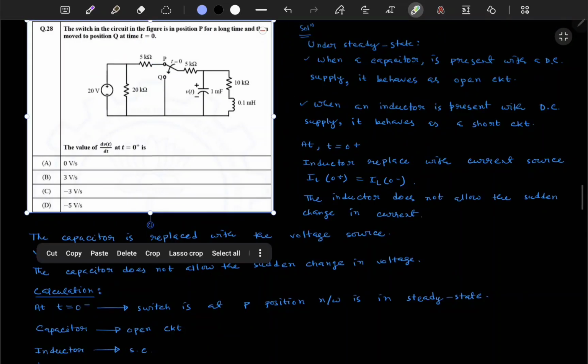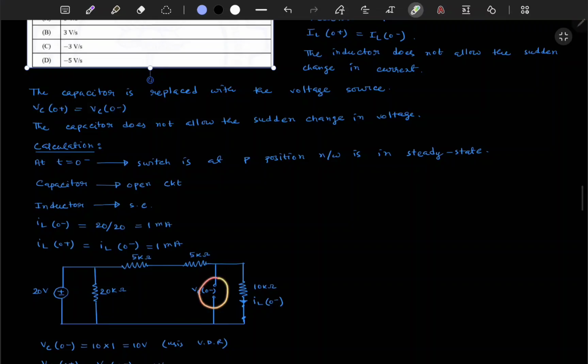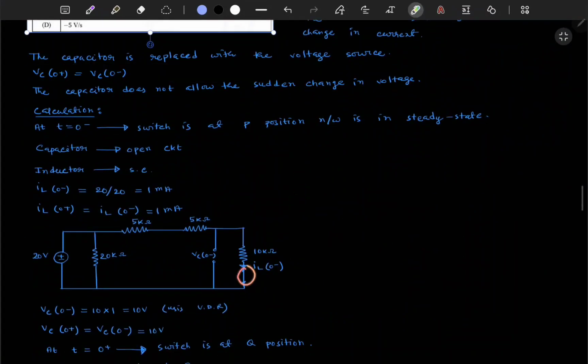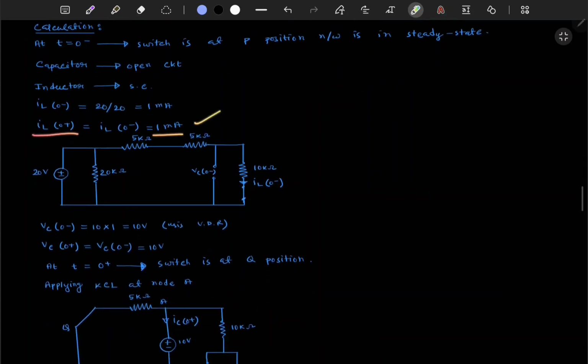Here I have drawn it again. So the capacitor is open circuited and the inductor is short circuited, here you can see. If we calculate this one, this is 20 volt, so 20 volt divided by all this resistance, that is also 20, so it is 1 milliampere. So IL(0+) also will be 1 milliampere.